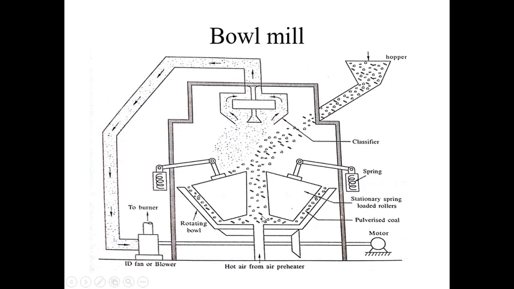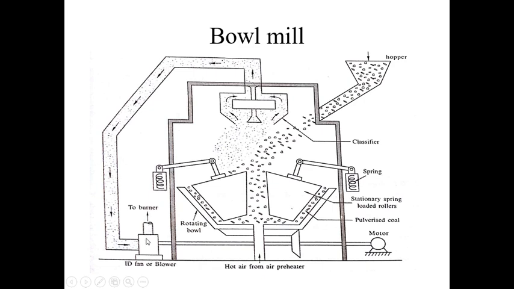Next, here there is a fan, just like an induced draft fan, which will draw the pulverized coal when it is in powdered form. It will draw it like a blower and take it into the burner.